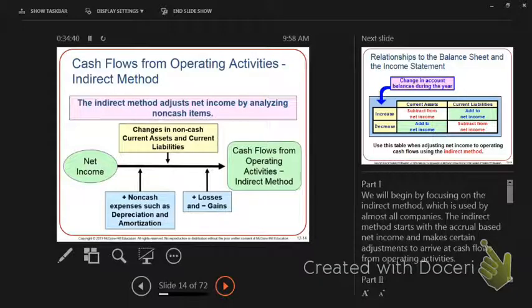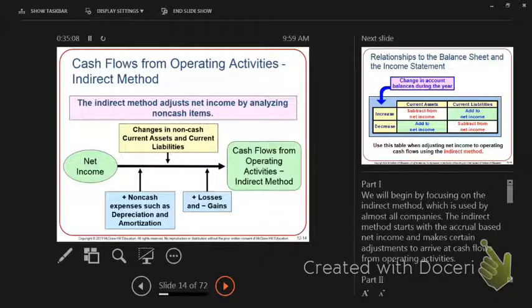Right? But it decreased our net income. Did we want our net income to go down? No. So whenever our current liabilities go up, we're going to add that money back in, because we want that money to count. So we're going to add $1,000 back in, because we did not spend cash.